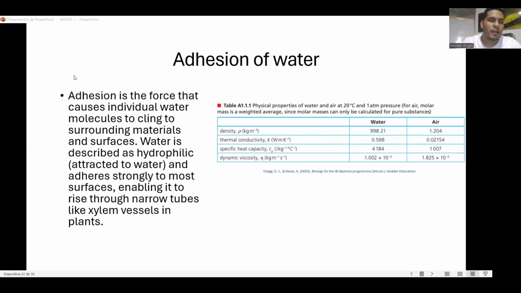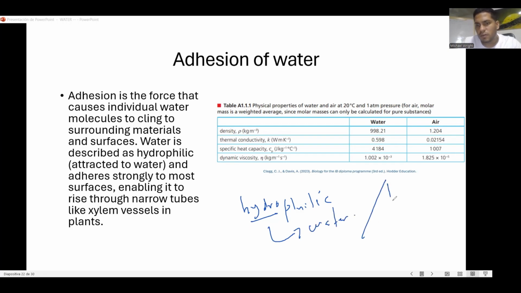Okay, so water is described as hydrophilic. Hydro means water, philic means love in certain ways. So it means they are attracted to water, right? There is another term called hydrophobic. In hydrophobic examples, you can find oil. Oil is not attracted to water and is hydrophobic, right?